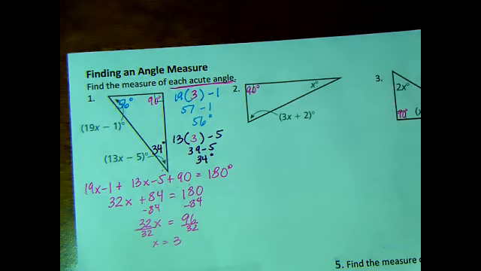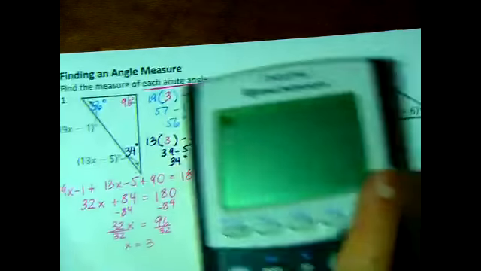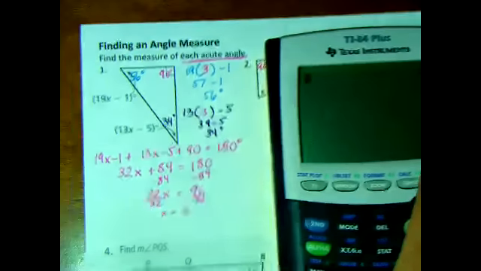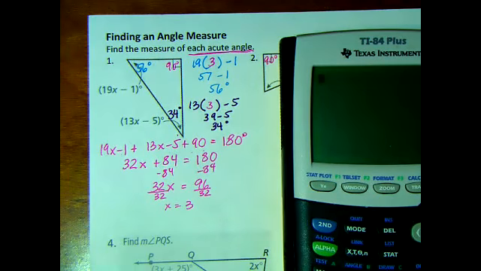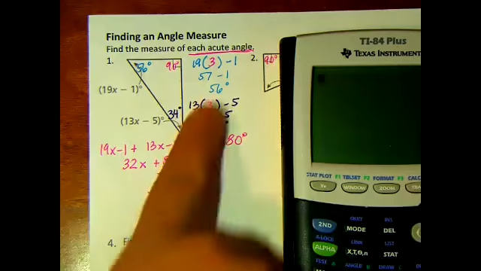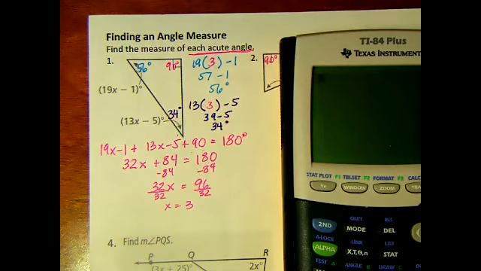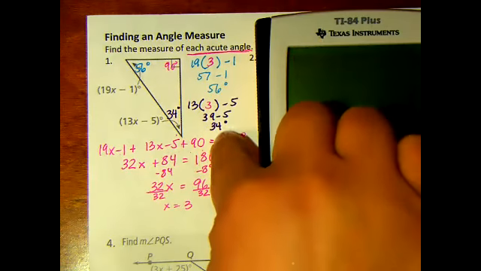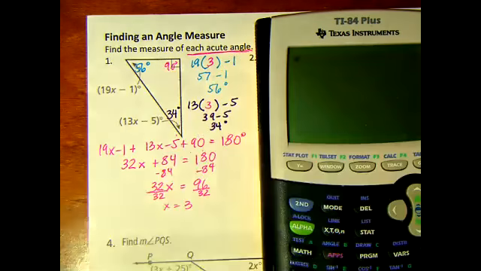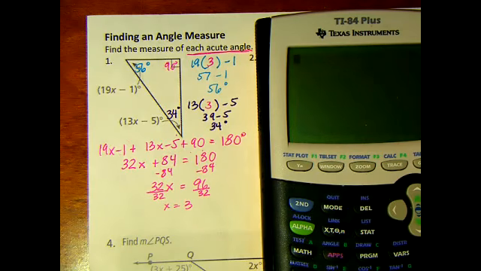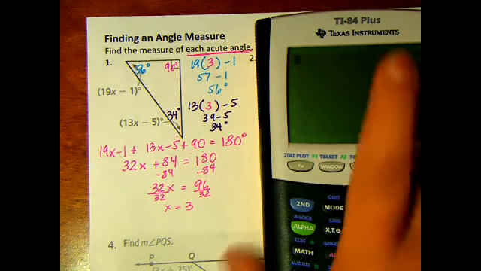Okay. I can do a quick check to see if my angles are correct, because what if I want to see if my x was correct, which means my angles would be correct, right? So I just add 56 plus 34 plus 90. If it equals 180, my x is correct, my angles are correct.